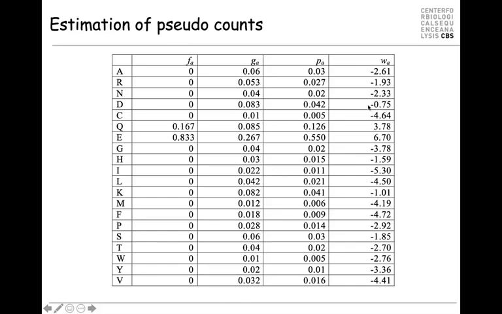So that still scores negative, but just barely negative, right? That is the third highest score you get, because you have the pseudo count for D, which is substantial here. Same thing for K, you have a substantial pseudo count, and that's why you get a negative, but not so negative value.